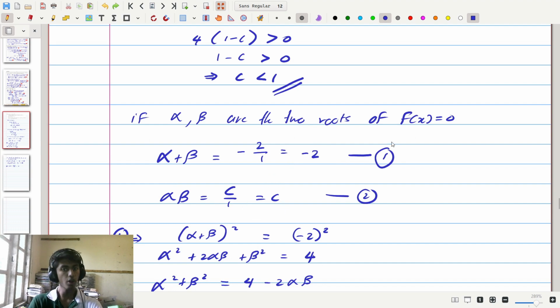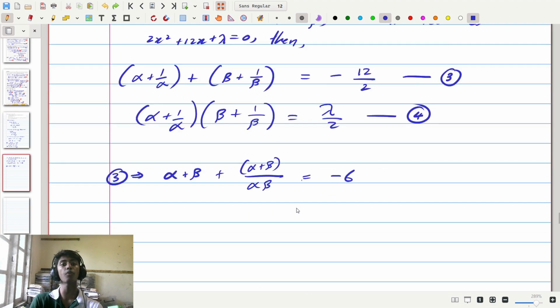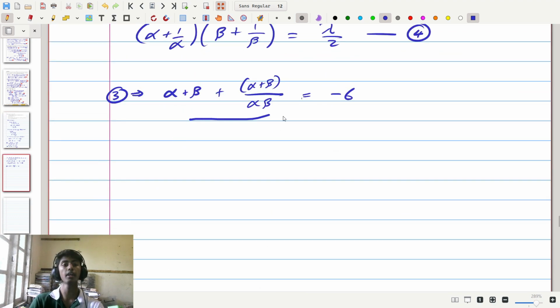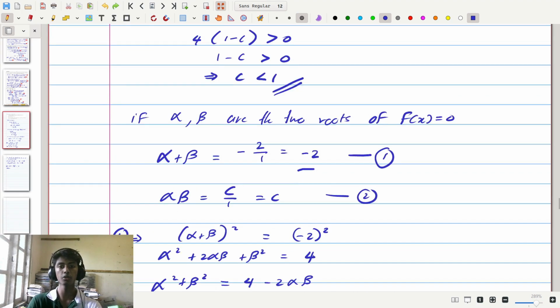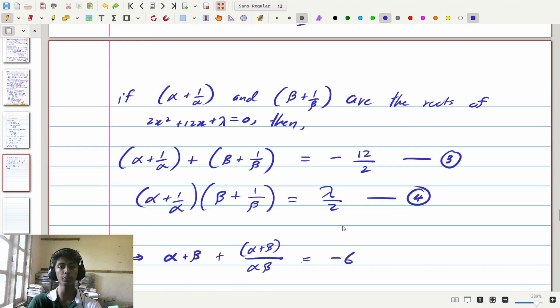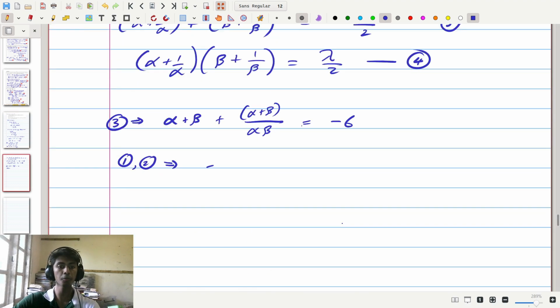So we can substitute equation number 1 and equation number 2 and get rid of all the alphas and betas in this equation and have only numbers and constants. So doing so, alpha plus beta is equal to negative 2, and alpha beta is equal to c. So we get negative 2 plus negative 2 divided by alpha beta, which is c, equal to negative 6.